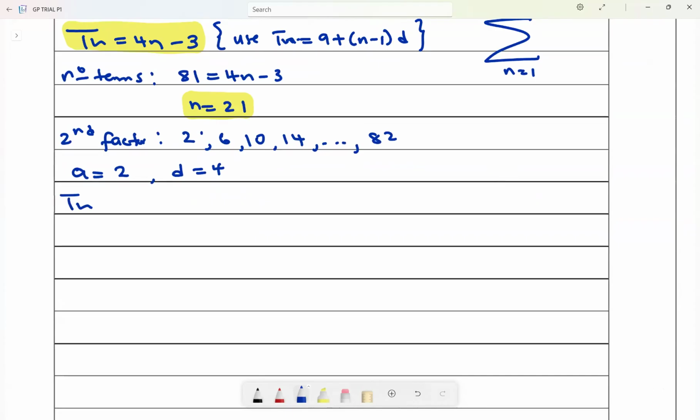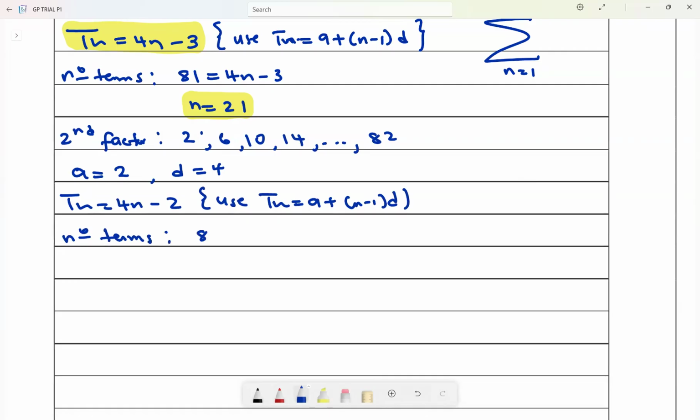And then my Tn is going to be the difference, it is 4n. And then first term minus the difference, it is negative 2. Okay, like that. And then again, use Tn equal to a plus (n minus 1)d. And then let me find the number of terms.